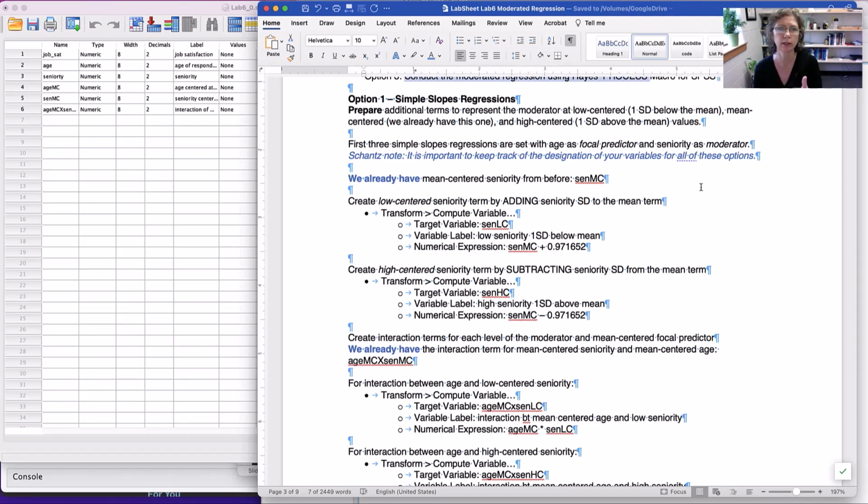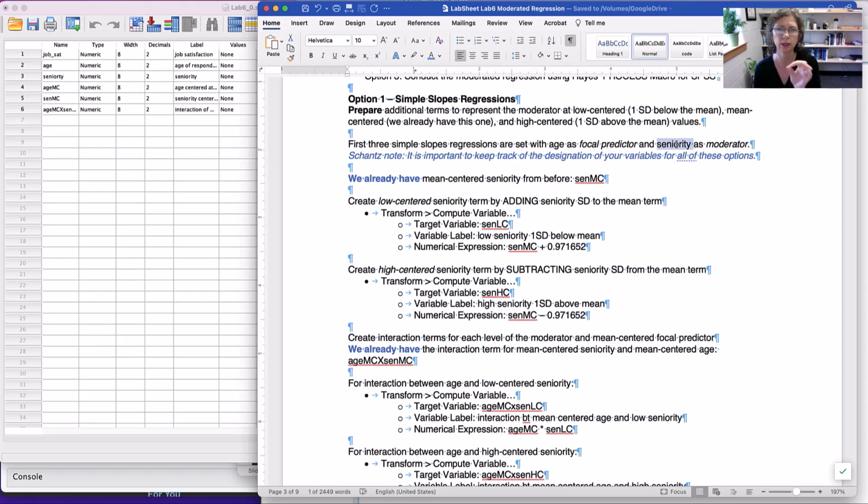We'll start with seniority as our moderator, and we'll have age as the focal predictor. So I want those 3 levels of seniority: seniority at average, seniority 1 standard deviation below the mean, and seniority 1 standard deviation above the mean.